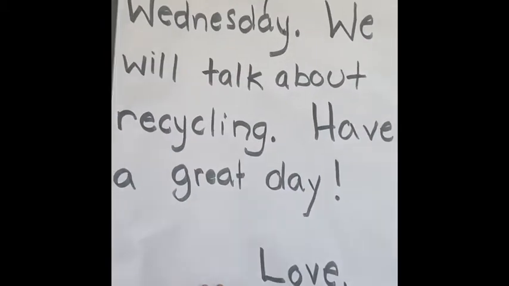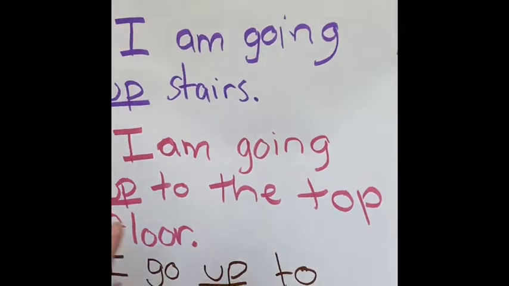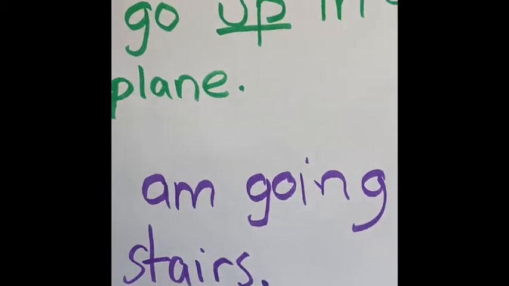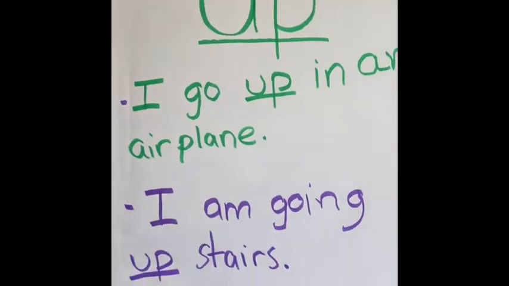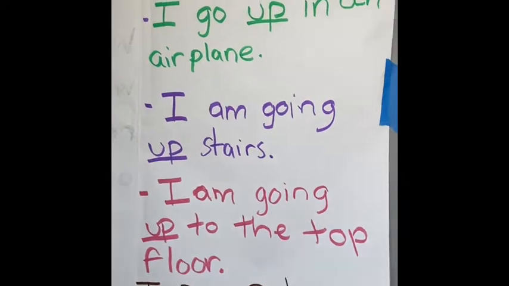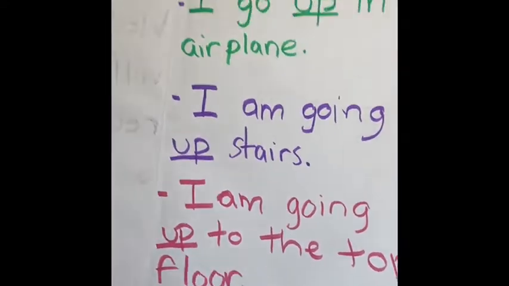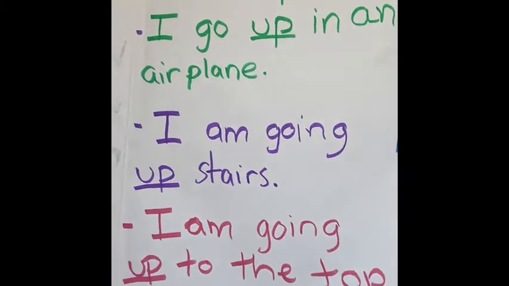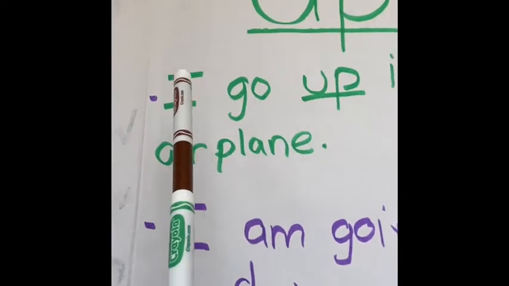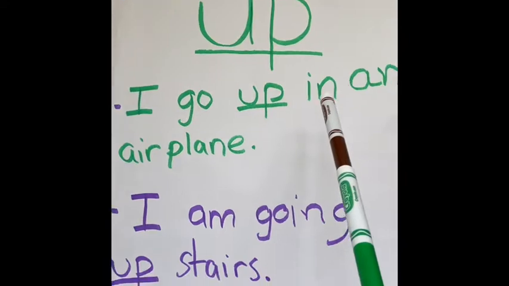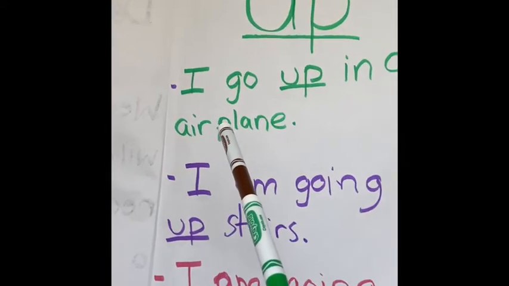So after we went over the message and the rules, I introduced the sight word up, and I called on friends to give us some sentences using the word up. So the first sentence we got was, "I go up in an airplane."